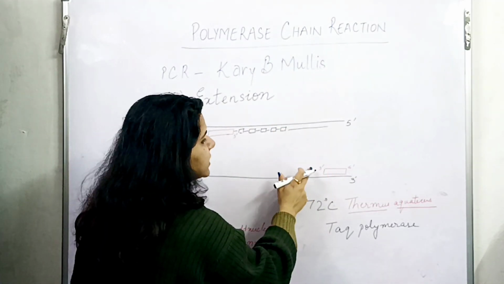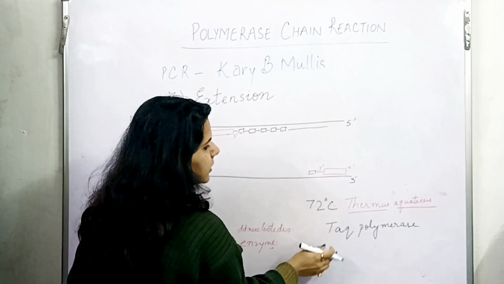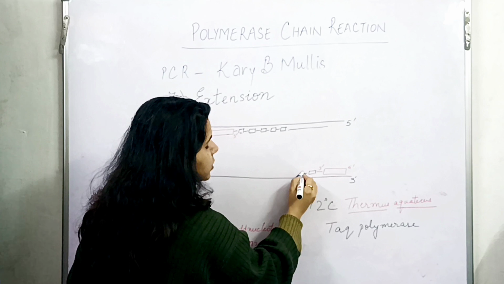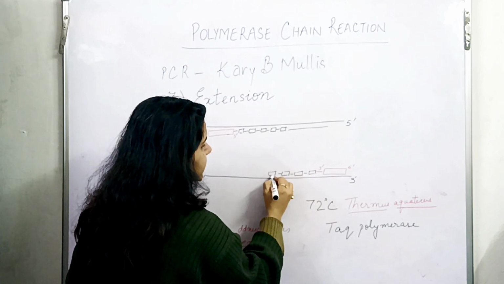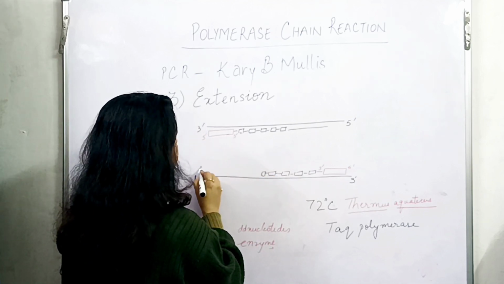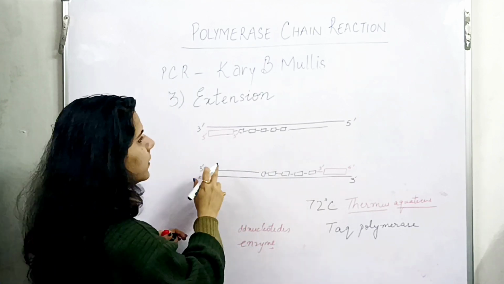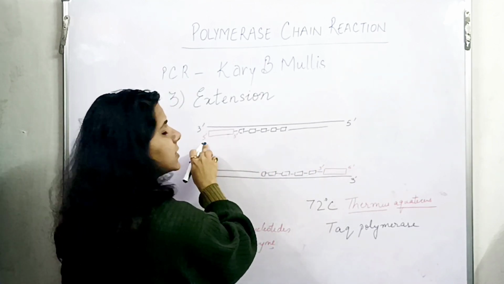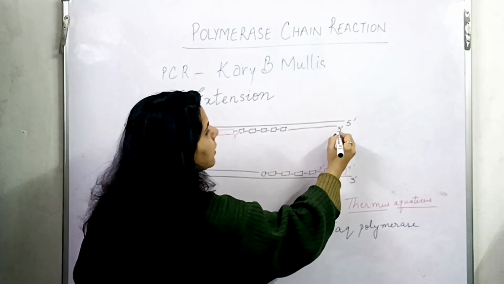Similarly for this strand also, new nucleotides will be coming, and Taq polymerase will attach these new nucleotides and synthesize the new strand of DNA towards the 3' end. Here also, this is the 5' end, and this will be the 3' end.